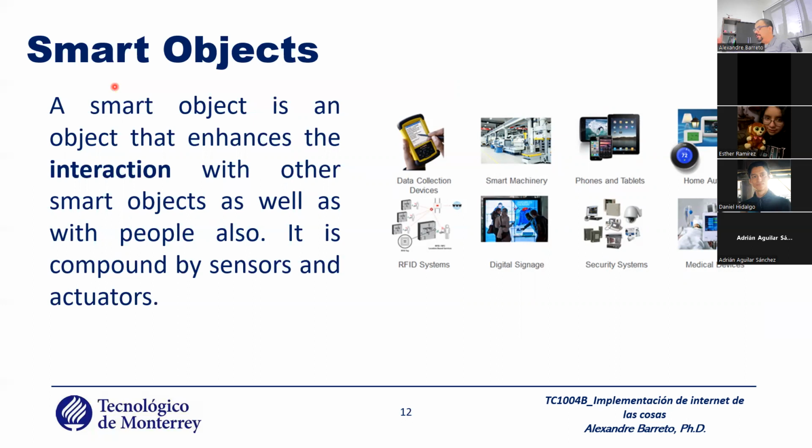I use my smartphone to monitor using an application installed in my smartwatch, and I use the smartwatch to control my air conditioner. Okay, in this case, my smartwatch, my air conditioner and my smartphone are smart objects because they can interact with one another.